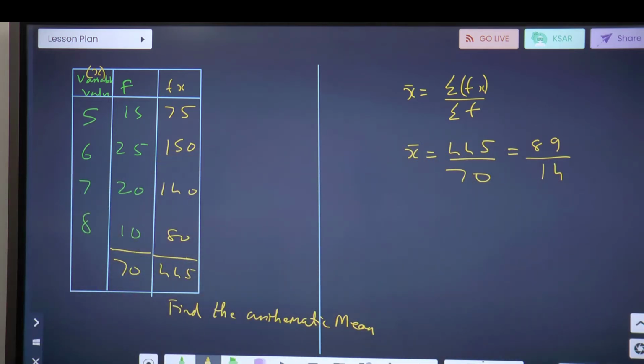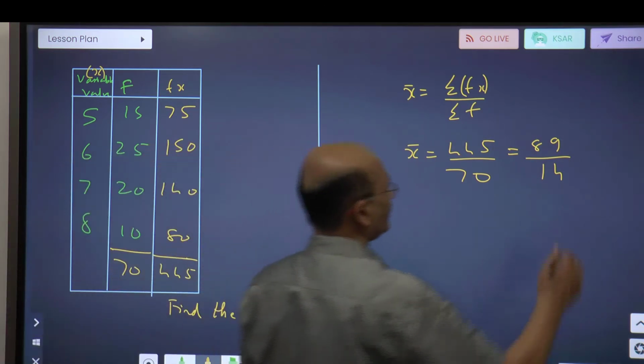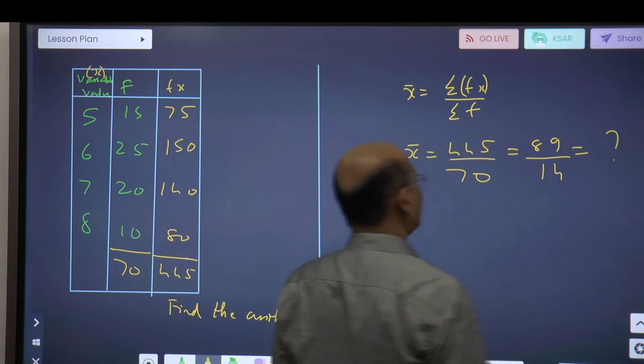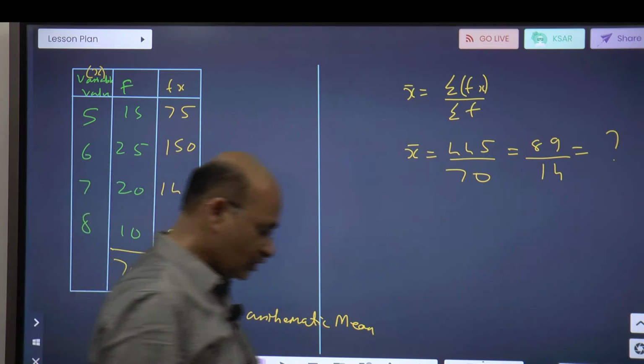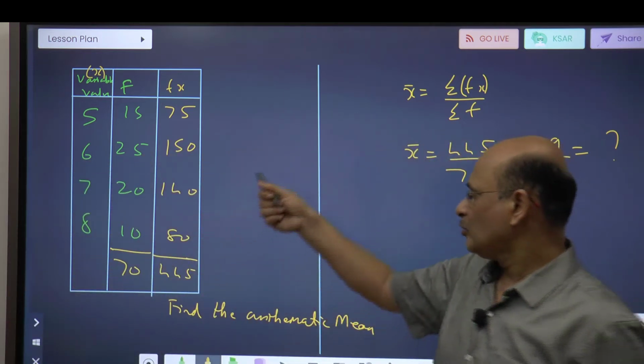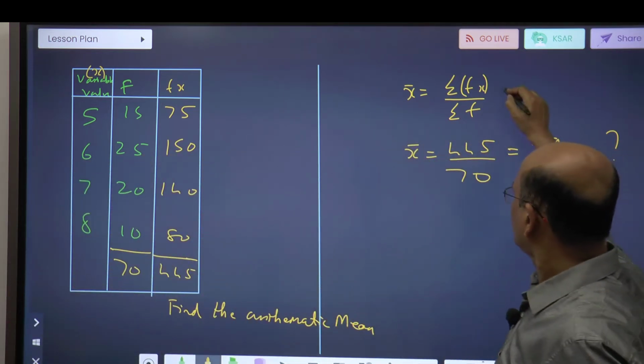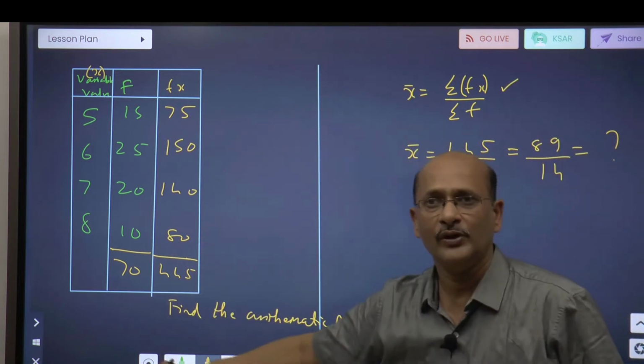This is a simple way of looking at the question. So, 89 upon 14, or you can also convert to decimal, that is always better. Whatever decimals come up, please put it across. My point here is how I go ahead with the formula when frequency is given to you.